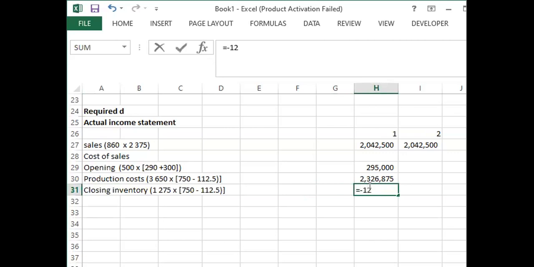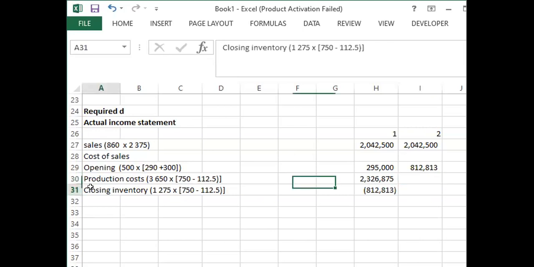So 1275 times 750 minus 112.5. This is what we get there. Now we want it positive there, so I'm going to put it the same as positive. But we'll also need another closing inventory calculation for period 2.